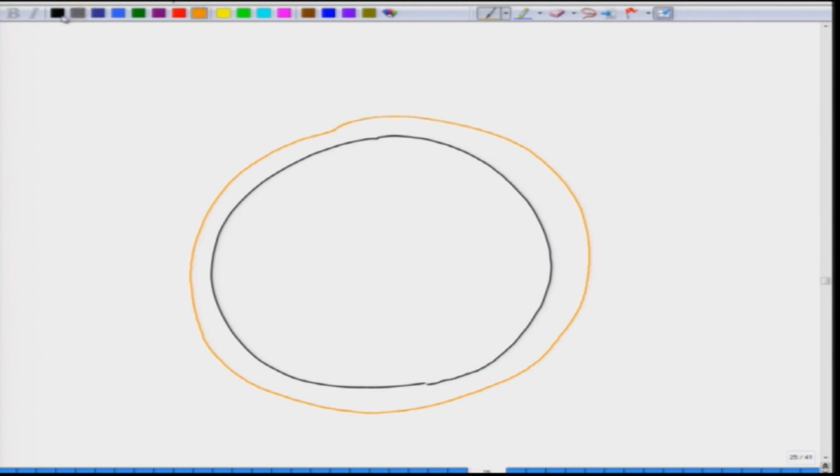Now, if we measure this diameter, we will call it diameter over bark or diameter OB. But if we measure it like this, we will call it diameter under bark or diameter UB, and the thickness of the bark is given as TB.